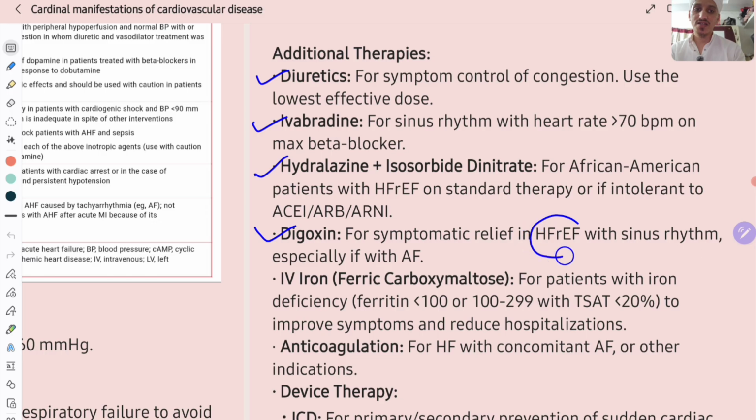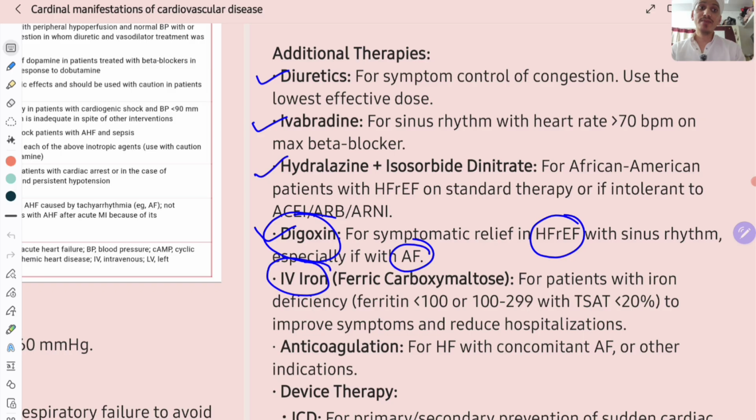This is important. With AF, when there is atrial fibrillation, digoxin you can give. Nowadays this digoxin is the last choice which physicians will choose. They are not choosing the digoxin.